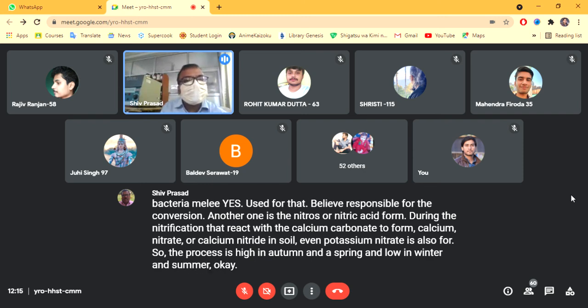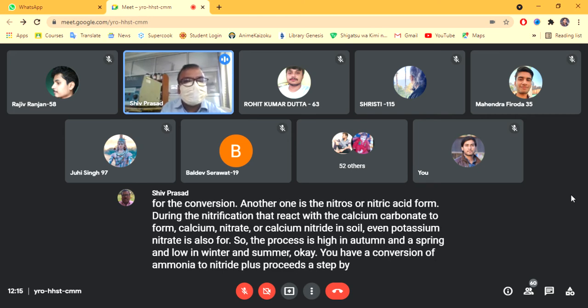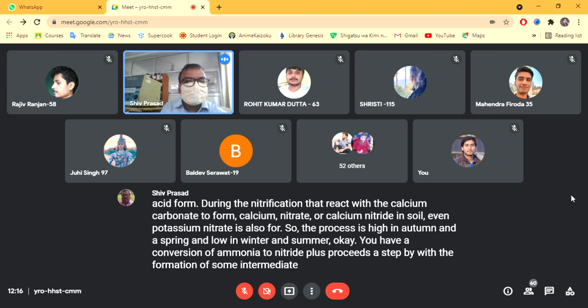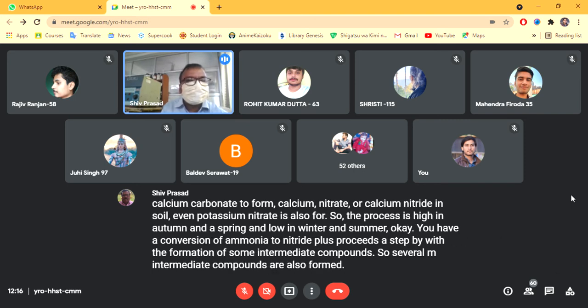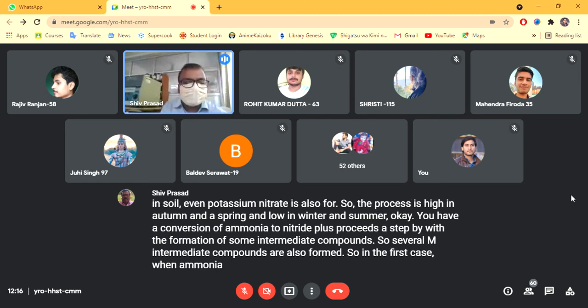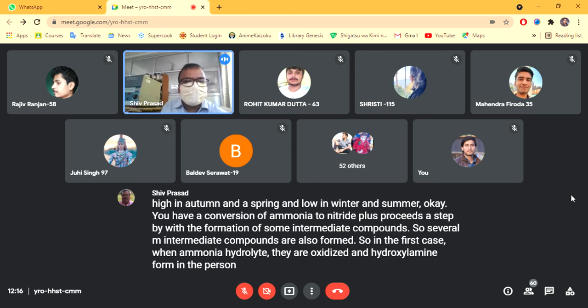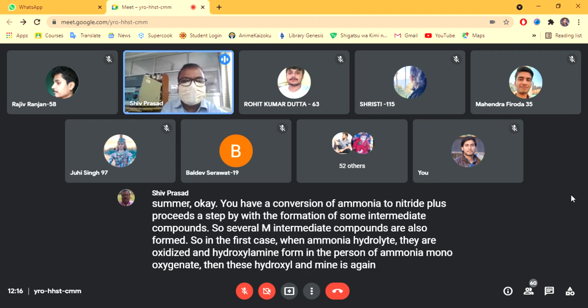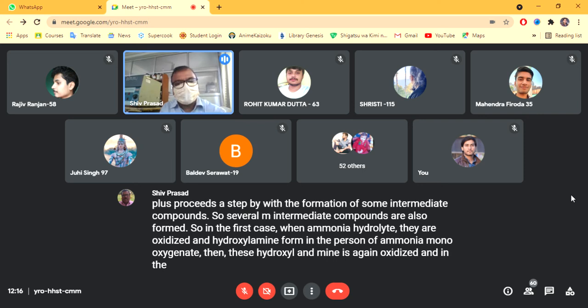The conversion of ammonia to nitrite proceeds step by step with the formation of some intermediate compounds. First, ammonia is oxidized and hydroxylamine is formed in the presence of ammonia monooxygenase. Then hydroxylamine is again oxidized, and in the presence of oxidoreductase, hyponitrous acid is formed.